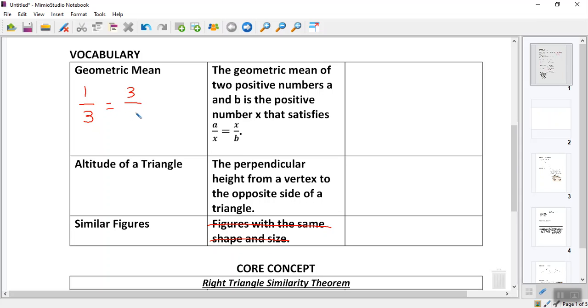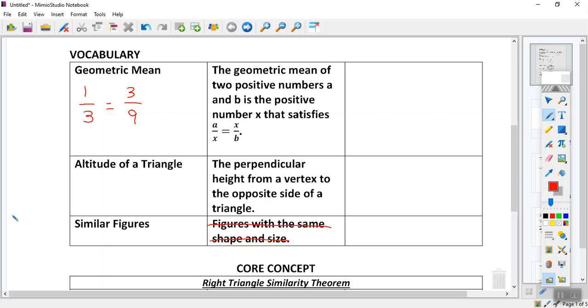You have two fractions that are equal to each other. Is there a number in both of those fractions that's the same, one in the numerator of one fraction and the other in the denominator of the other fraction? What is that value? It's 3, isn't it?